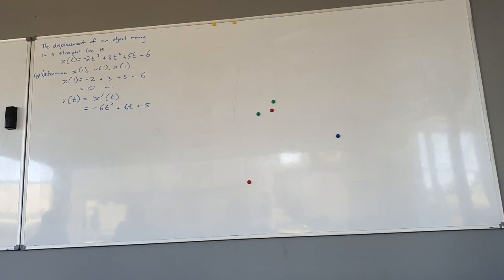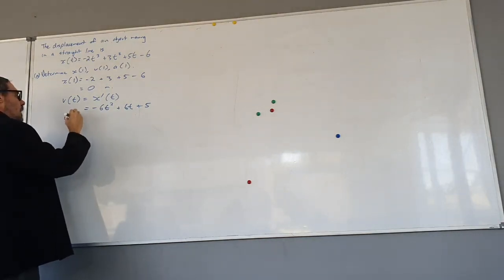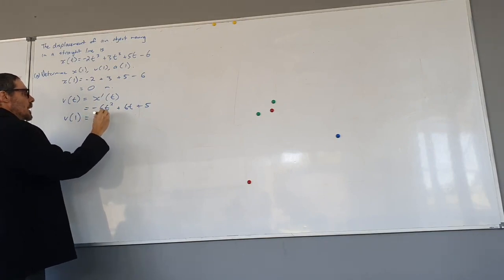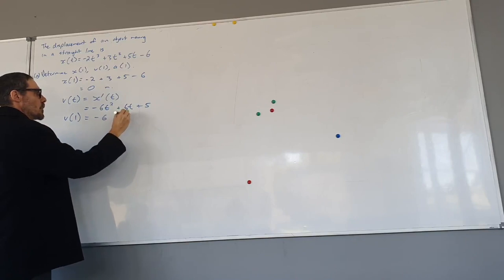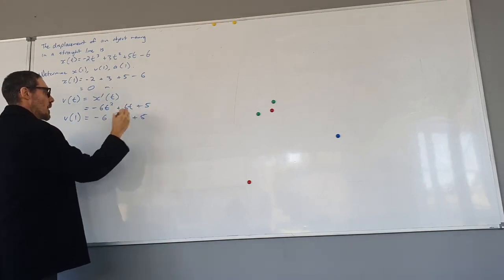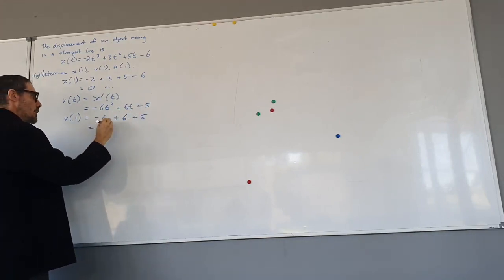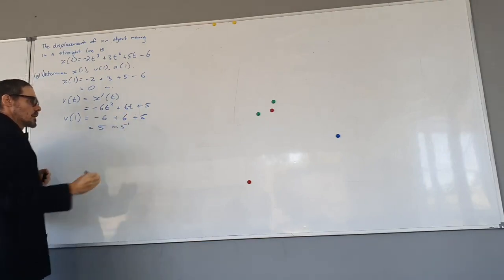Negative 6 plus 6 plus 5 is 5 metres per second, to the right.